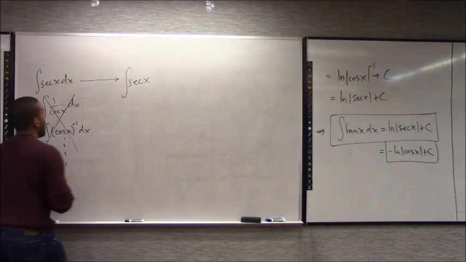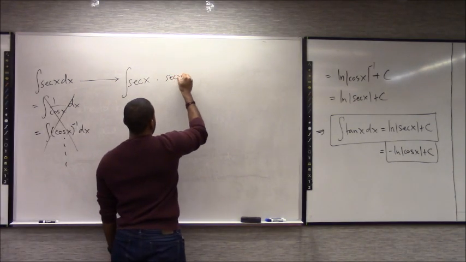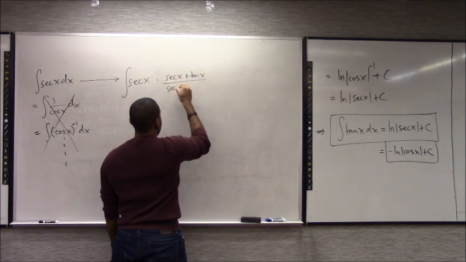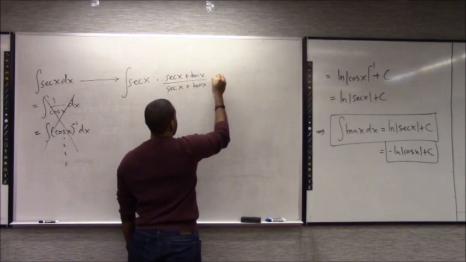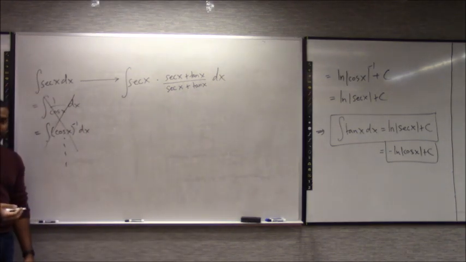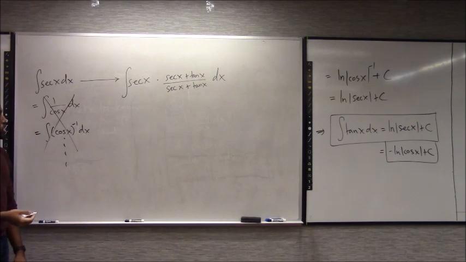You multiply and divide by something strange out of nowhere, like you multiply by secant x plus tangent x over secant x plus tangent x. Now don't ask me what possessed the first person to actually do this. I have no idea. But once you see it, it's ingenious.